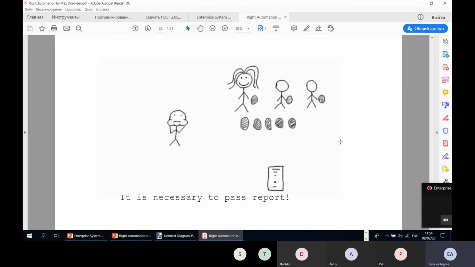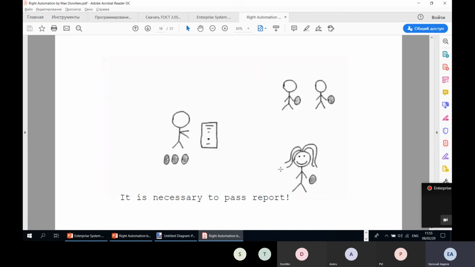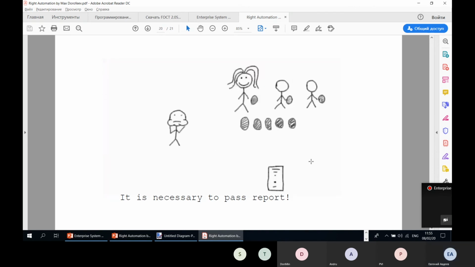What we have to think about during implementation is to reduce expenses on this system support, on this automation. Because previously the workers spent one potato, so it's not a good idea to spend three potatoes on the same work.